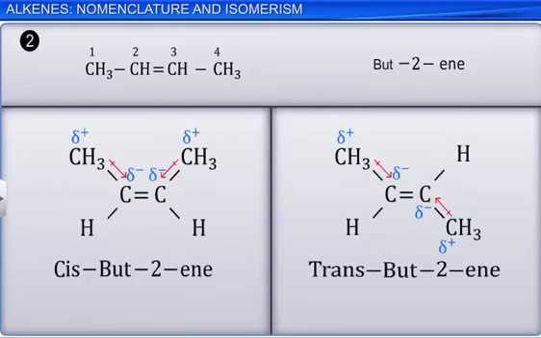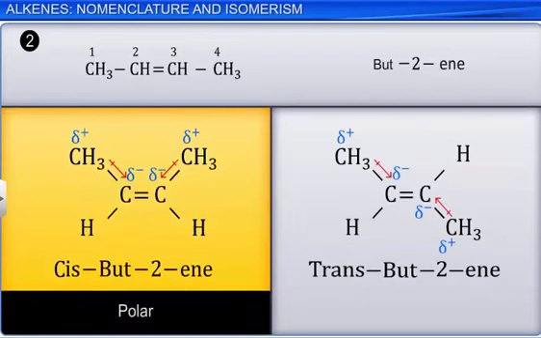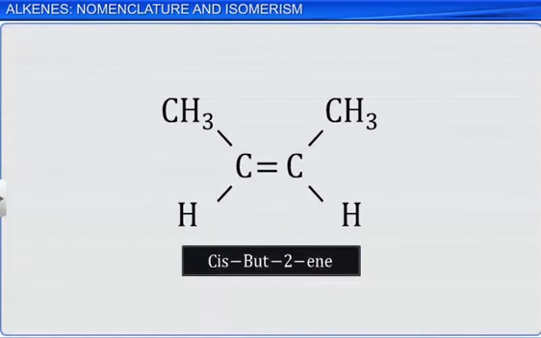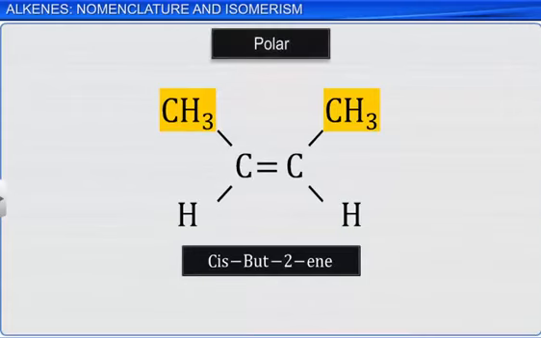For example, the cis but-2-ene molecule is polar, whereas the trans but-2-ene molecule is non-polar. This is because in a cis but-2-ene molecule, as the two CH3 groups are on the same side of the double bond, there is a greater CH3 bond dipole on each side, hence the molecule is polar, causing distinct positive and negative regions in the molecule.